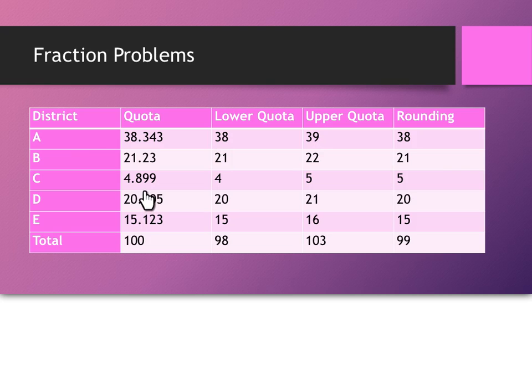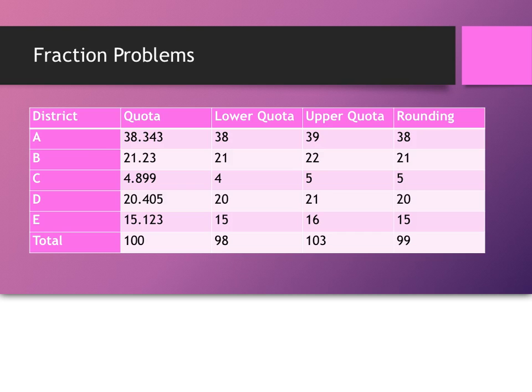Even if we have 4.899, we take it down to the next lowest integer, which in that case for district C is 4. So if we take everything to the next lowest integer, mathematically, by the way, this is called a floor function, then you see that our total is only going to add up to 98 representatives.